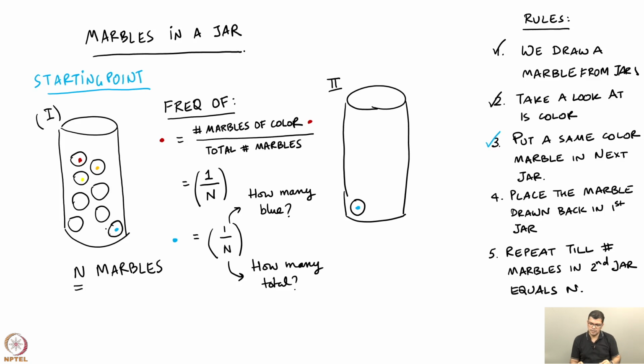So, the number is again n. Then we repeat this process over and over again till the number of marbles in the second jar reaches n. That is it. So, the number here is also equal to n.